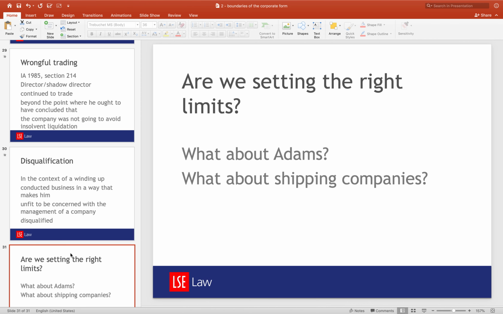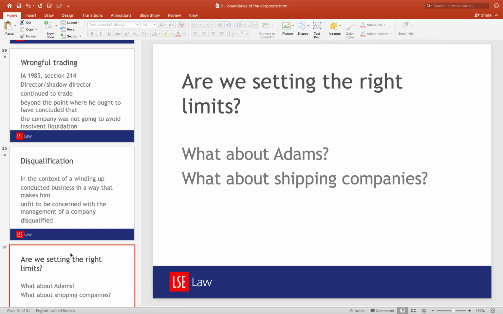So overall then, are we setting the right limits? All these tools we have looked at lead us to the conclusion that the principle of veil piercing is very weak, or rather the veil is rarely pierced, and there's rarely liability of a shareholder or a director, and therefore the corporate veil is quite robust.